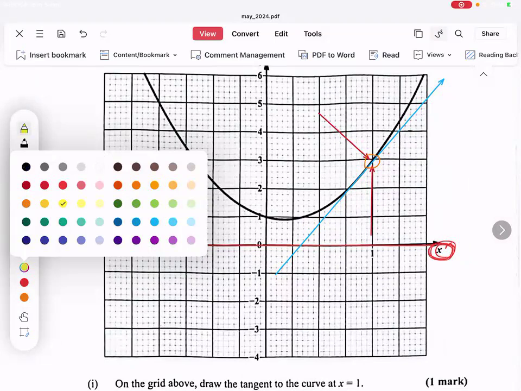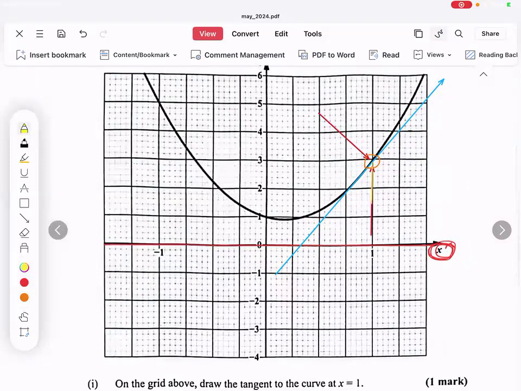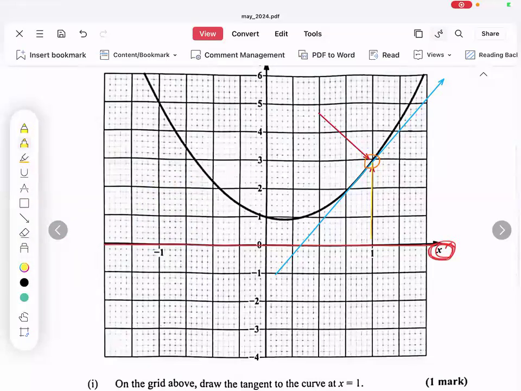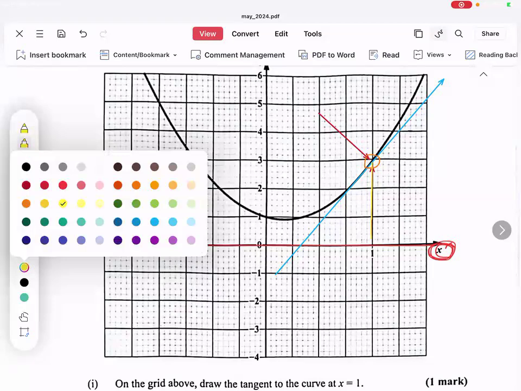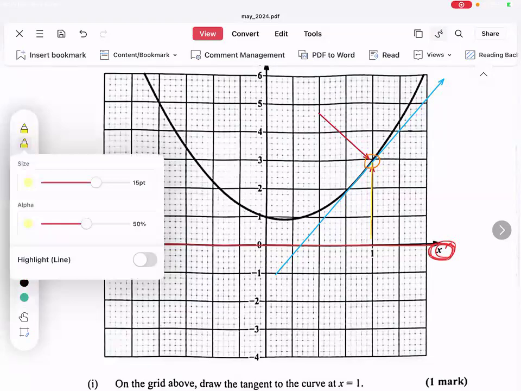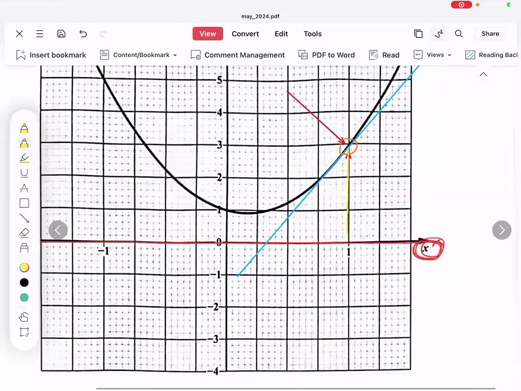From this position, I'm going to draw a yellow line. Let me just use a bright highlighter instead. I'm going to tone it down a little bit. So look now, tone it down here.